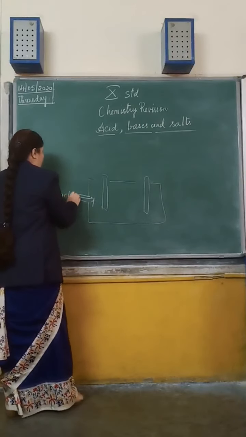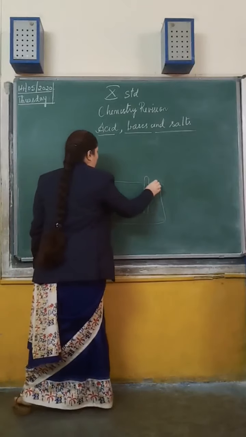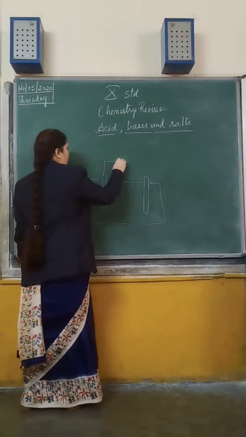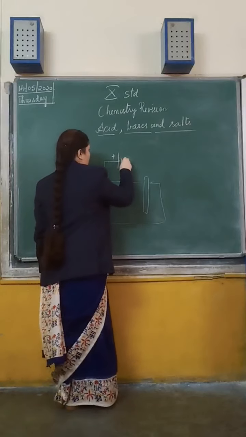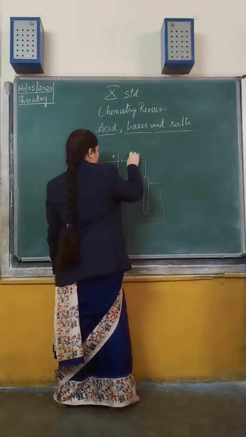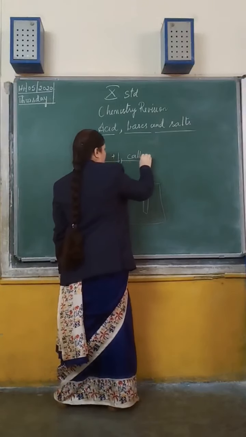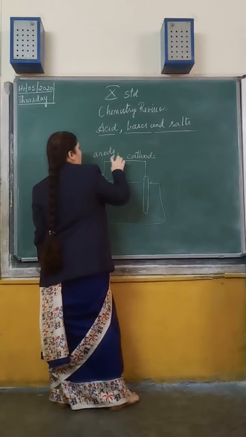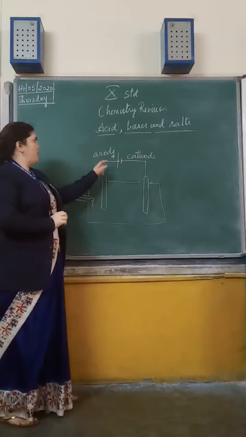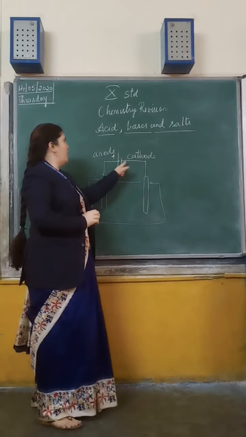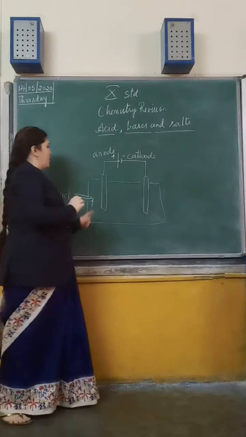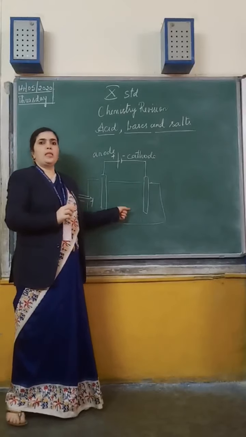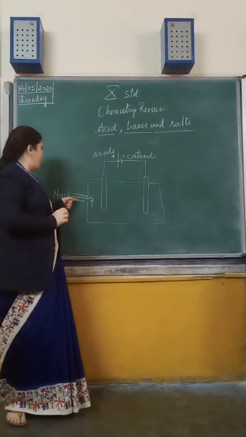This is the cathode, and this is the anode. The positive one is the anode. They are connected to the terminals of the battery, that is the cell. These are the metal electrodes which are dipped in the brine solution.